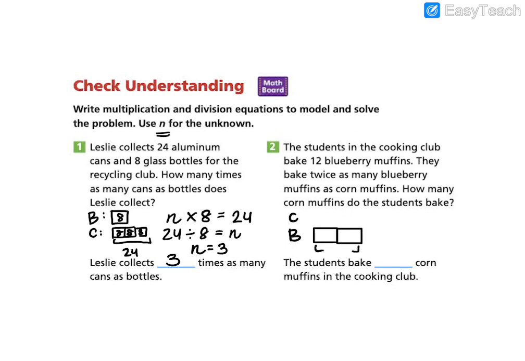And this twice as many is equal to 12. So we need to find how many corn muffins there are. And again, it's asking us to use N for our unknown.